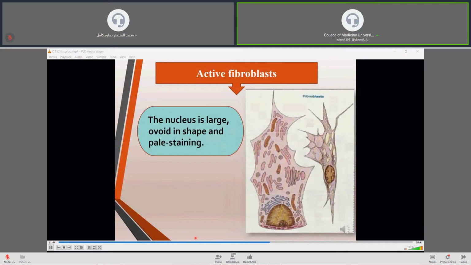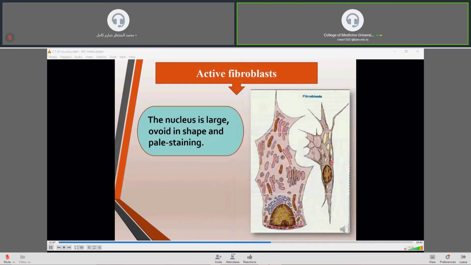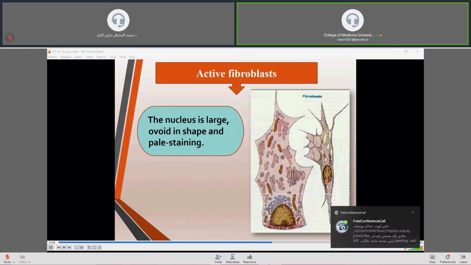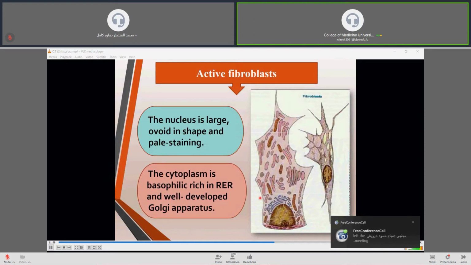The nucleus is large and ovoid in shape with pale staining, which gives the impression that it is active in protein synthesis. The cytoplasm is basophilic, rich in rough endoplasmic reticulum and well-developed Golgi apparatus.